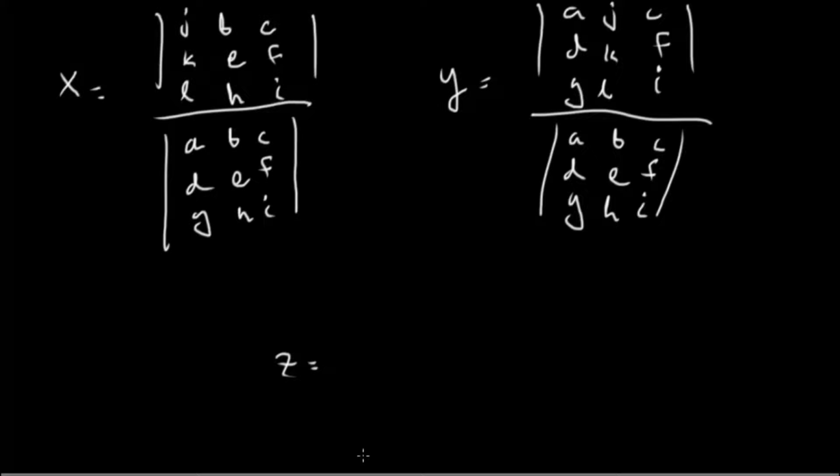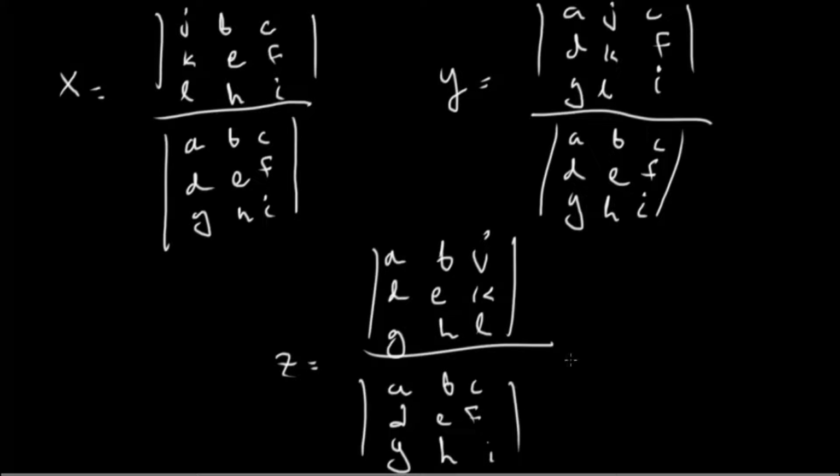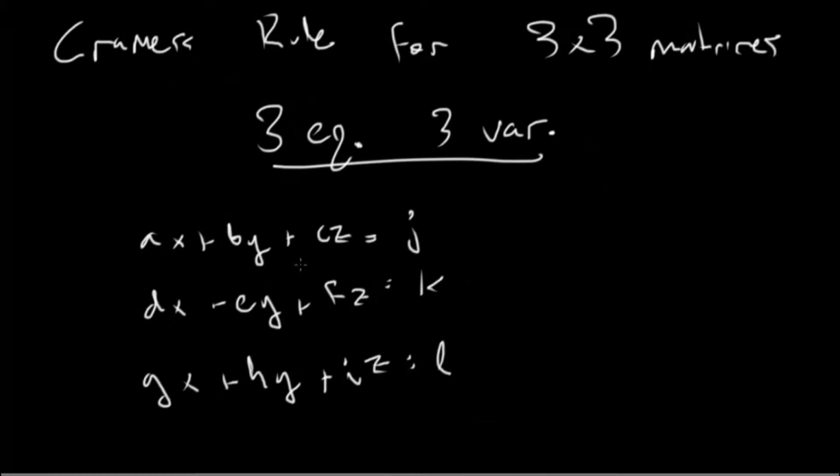The solution for z is going to be, we're going to replace the z column with J, K, L, and then we're going to have A, B, D, E, G, H, and then down here, A, B, C, D, E, F, G, H, I. Cool. All right, so that is our solution to this system of equations using Cramer's rule.